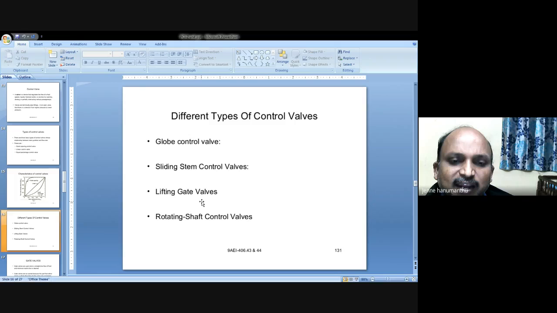They are named as per the requirement: how much flow rate we want to control. Based upon that output flow rate, we need to utilize the different shapes of the control valves.